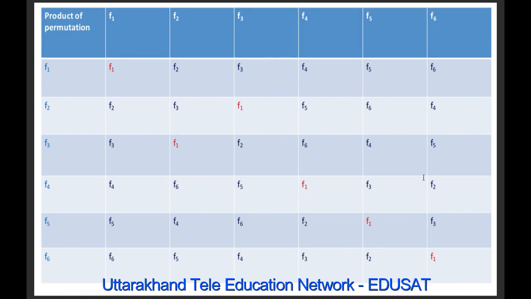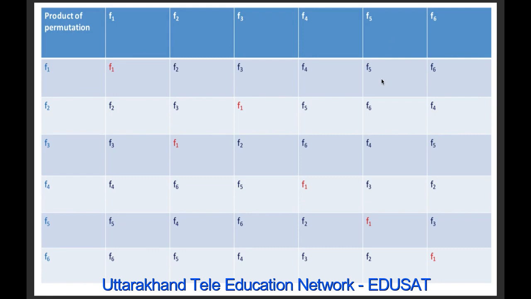So to complete this composition table, first of all, calculate all these products of permutations. Then, after calculating all the permutations, construct the composition table, and first of all observe which two rows are identical. In this table, we see that the first row is identical with the top border row, because in both rows the elements are F1, F2, F3, F4, F5 and F6.